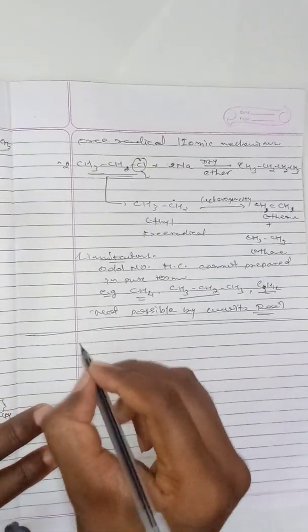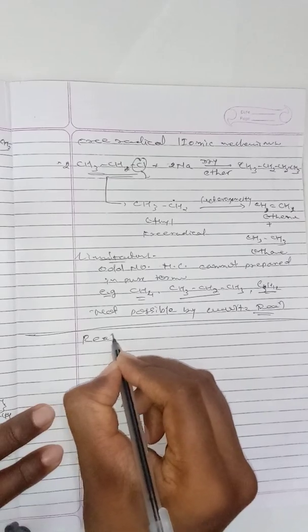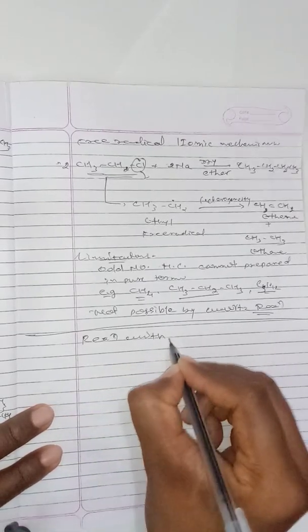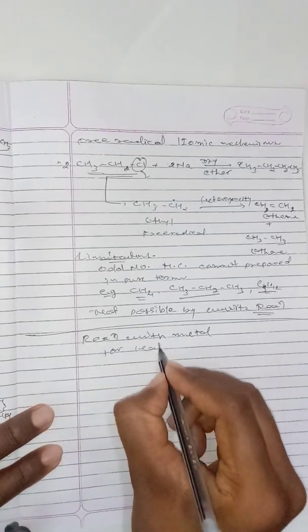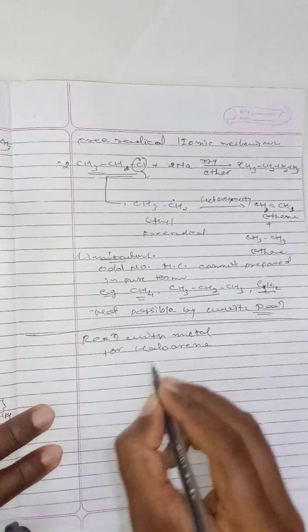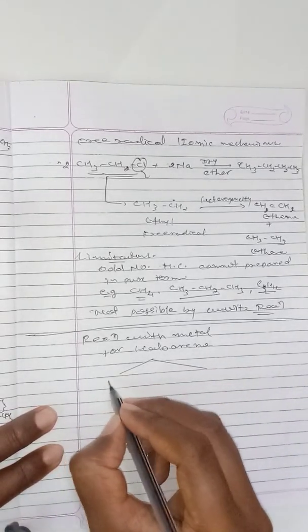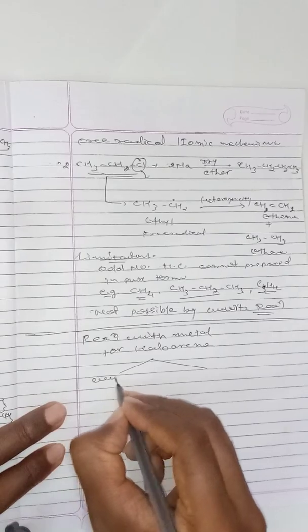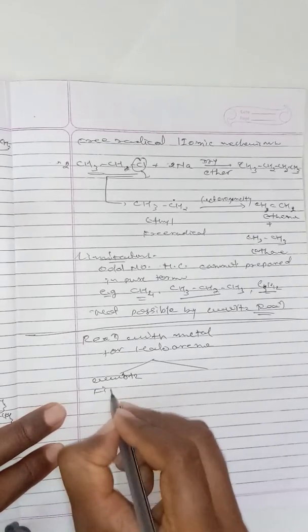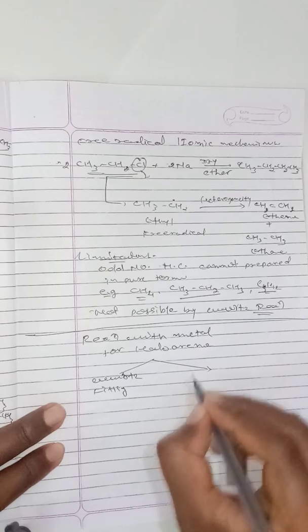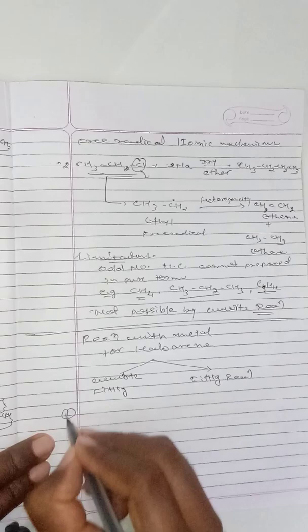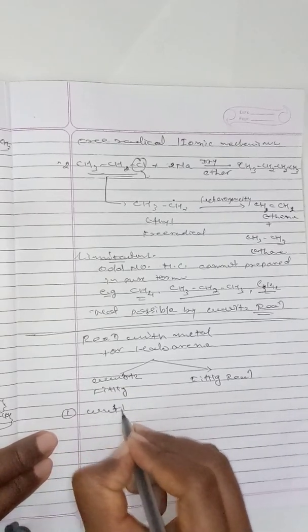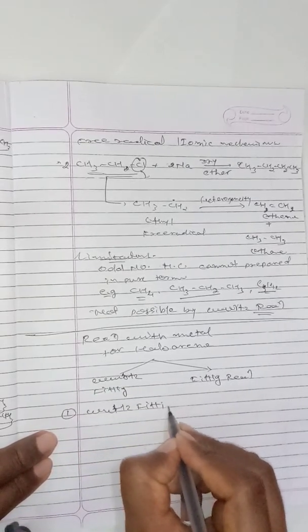Now, reaction with metal for haloarenes, as we discussed earlier. Number one, the Wurtz-Fittig reaction, and the Fittig reaction. Number one, Wurtz-Fittig reaction.